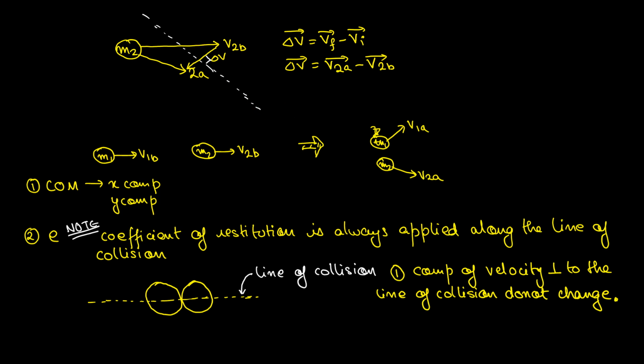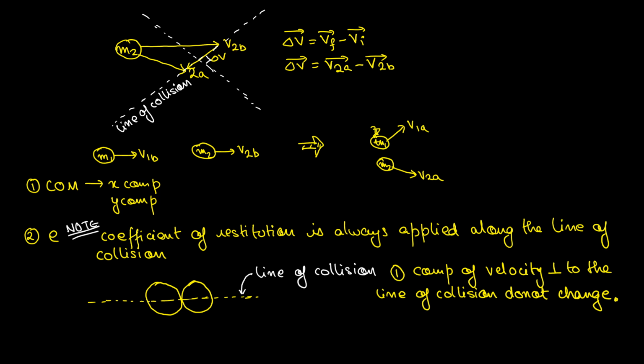Understood? And what is the line of collision? This is the line of collision where all the change in velocity takes place. Understood? Now see, velocity 2b minus velocity 2a was in this direction.